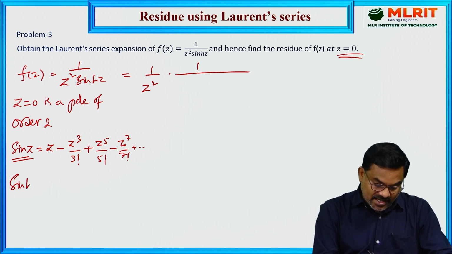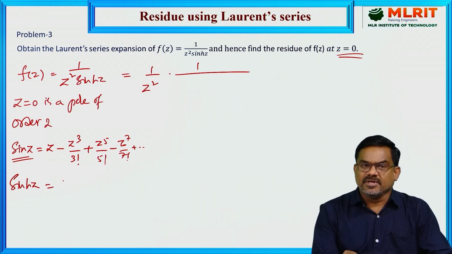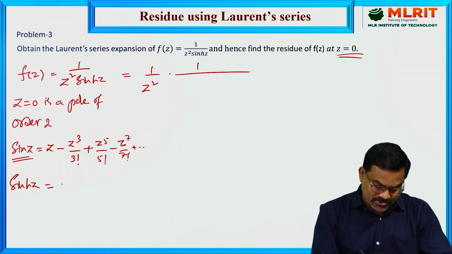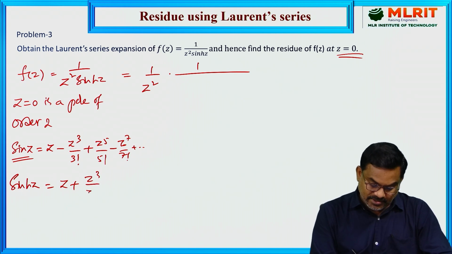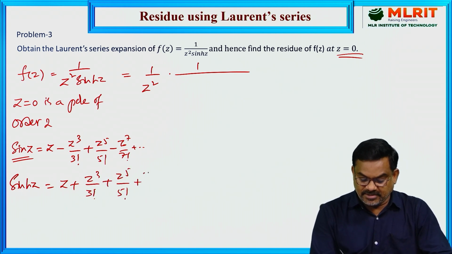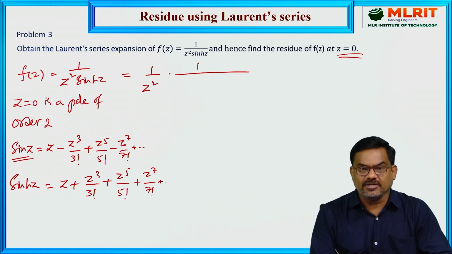But in sinh z, the pattern is the same, but all the terms are positive. So z plus z cube by 3 factorial plus z power 5 by 5 factorial plus z power 7 by 7 factorial and so on.